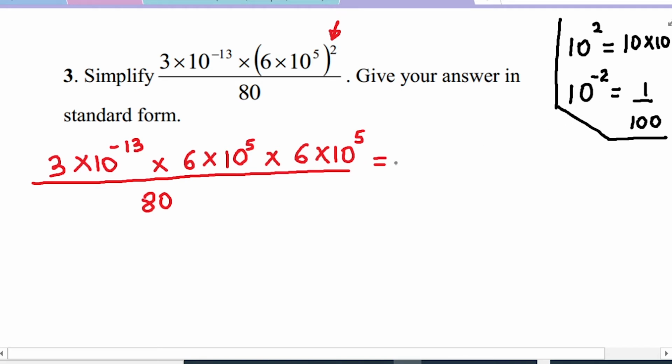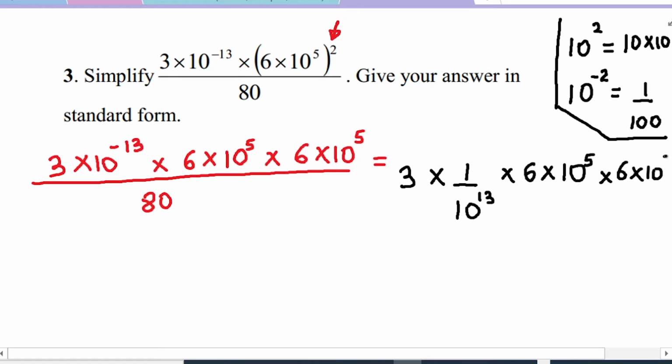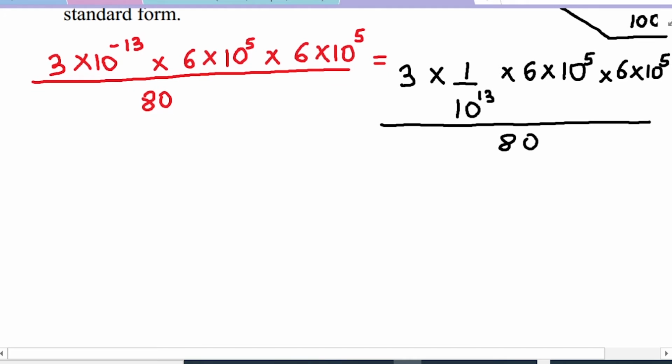So in this case here, if it is going to be 3, multiply that by, now 10 to the power negative 13 is the same as 1 over 10 to the power 13. So we multiply that by 6 times 10 to the power 5. Multiply that by 6 times 10 to the power 5. All this, we are dividing that by 80, like that. So we continue with our working.